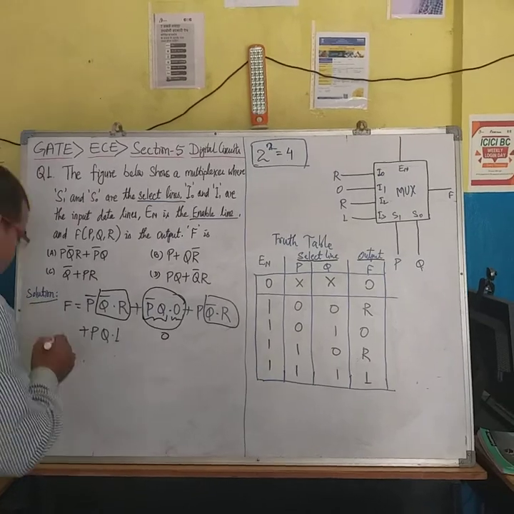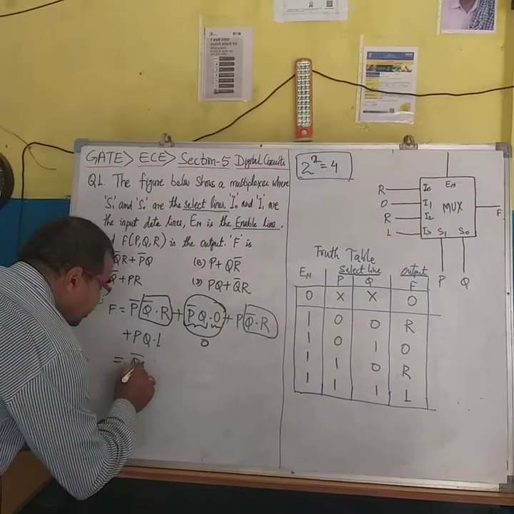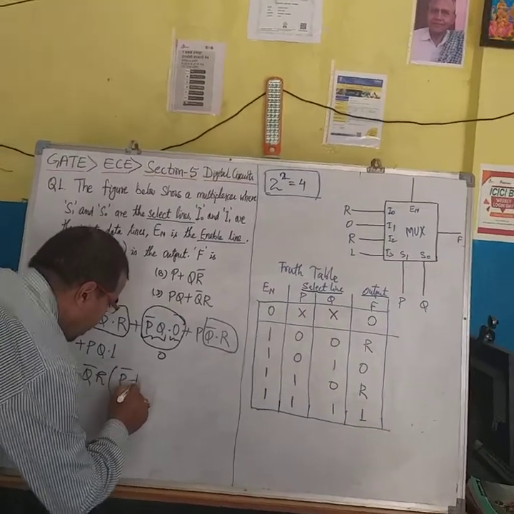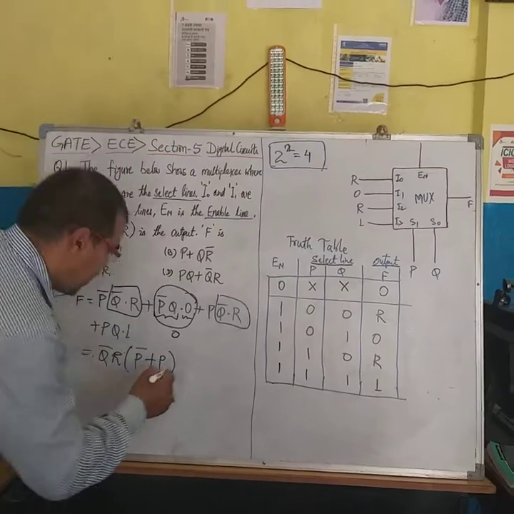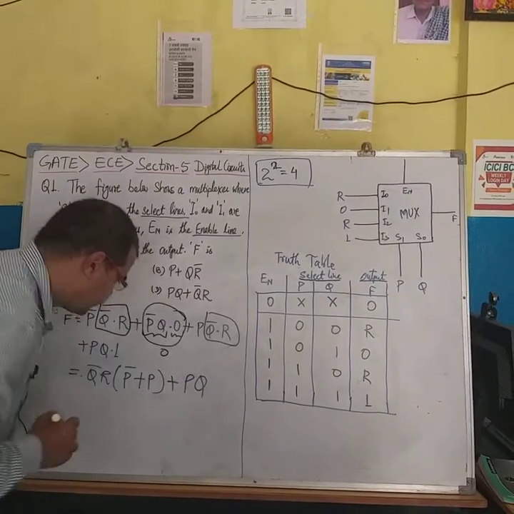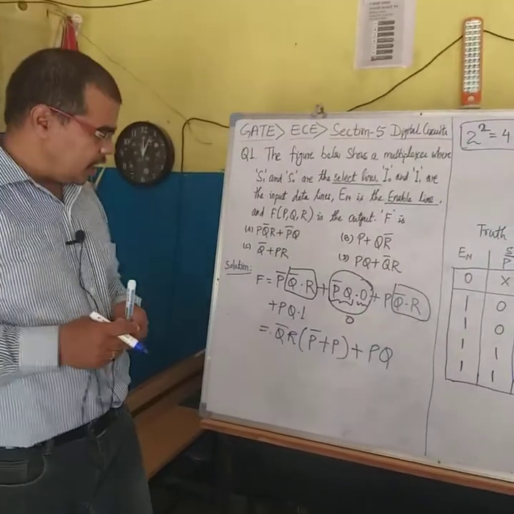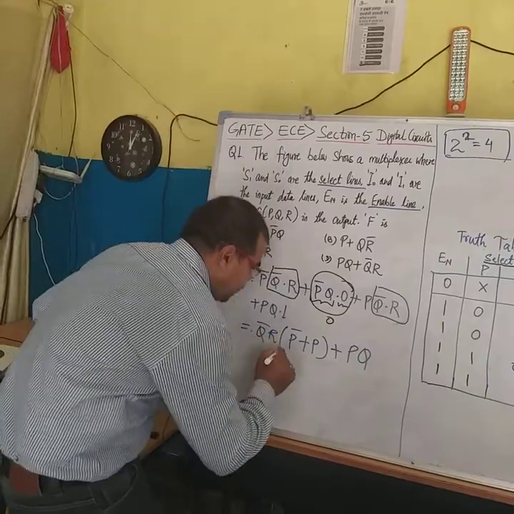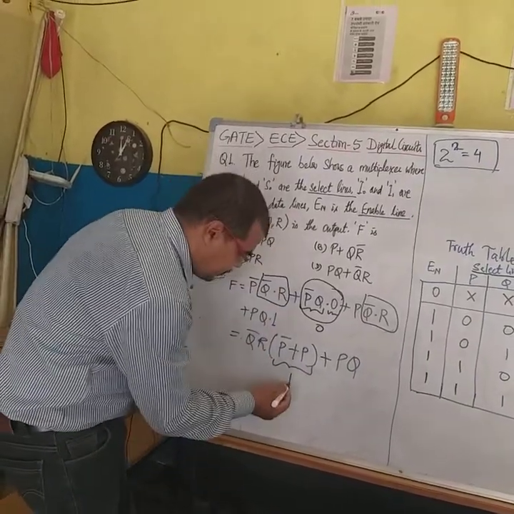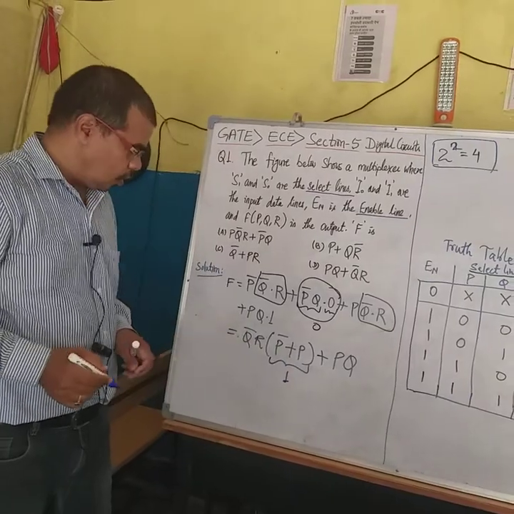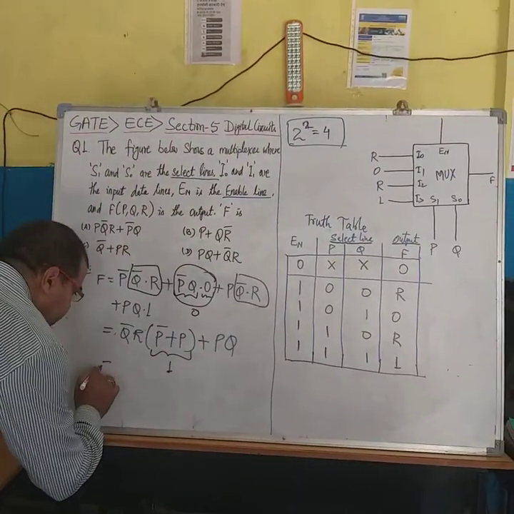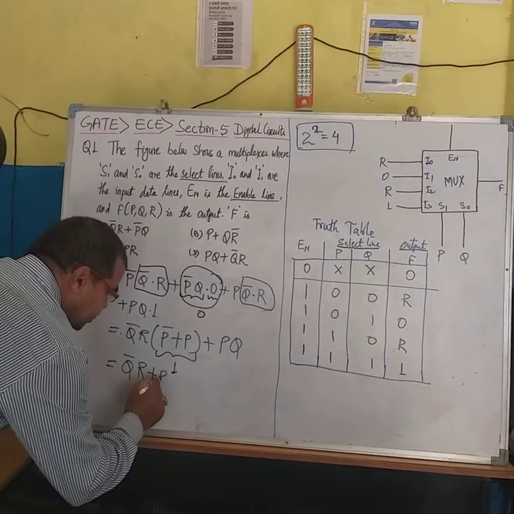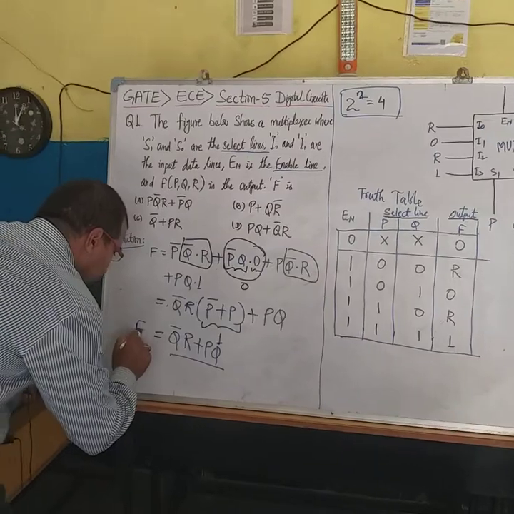Taking Q dash R as common, we will be having P bar plus P plus PQ. You know that in Boolean addition, P plus P bar is 1. Now we can further solve it. We will be getting Q bar R plus PQ. So this is your answer.